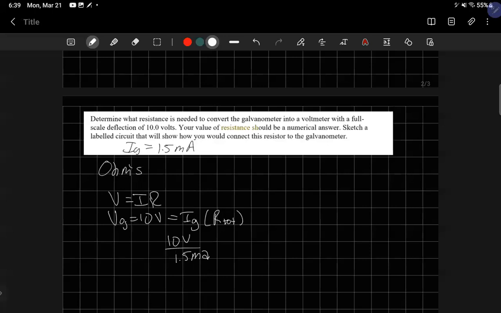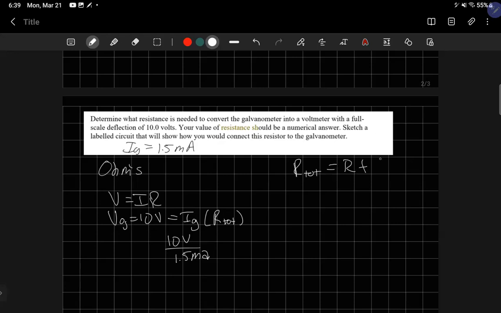Determine what resistance need to convert. Okay. So the resistance R is what we're adding. And then, so I guess R total. Now to be R, some resistance to add.